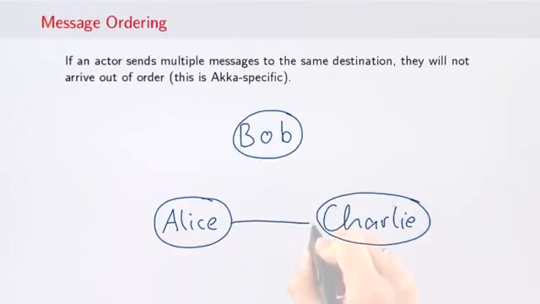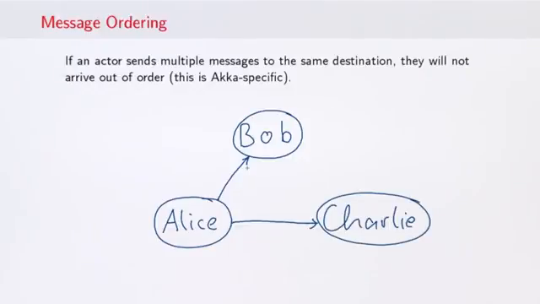Alice sends a message to Charlie. So far so good. But if at the same message processing turn, Alice also sends a message to Bob, which one gets processed first? You don't know.